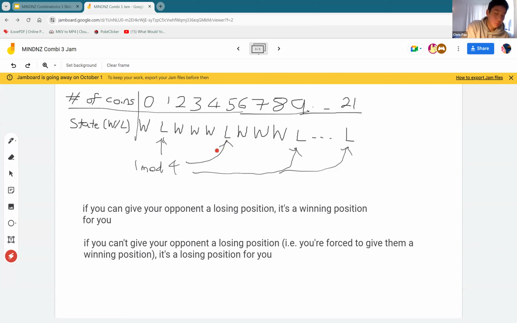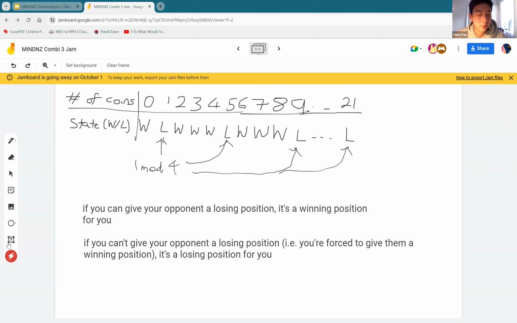So if you're writing this up and you want to describe an explicit strategy for the second player, then the strategy is just to take a number of coins between 1 and 3, such that the remaining number of coins is one mod four. And you can always do this. It's not too hard to show. Once you do this, eventually you must leave your opponent with one coin, which is one mod four. And then they have to take that and then they lose.